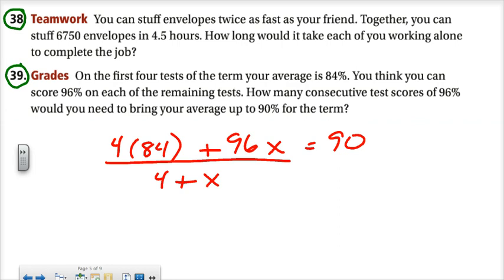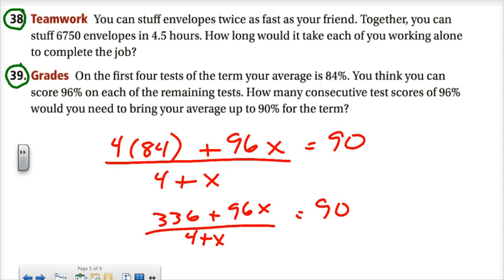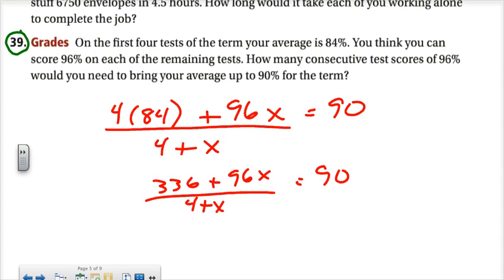So you'd have all of your test scores, you would add them up, you would divide by how many tests you've taken, and that gives you your average. So this would give us 336 plus 96x over 4 plus x equals 90.